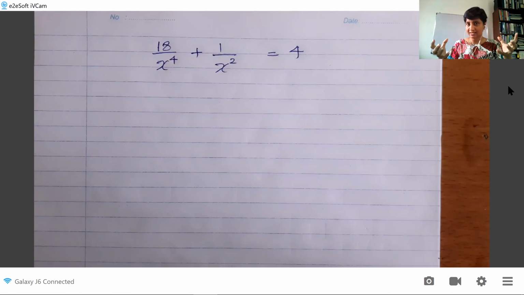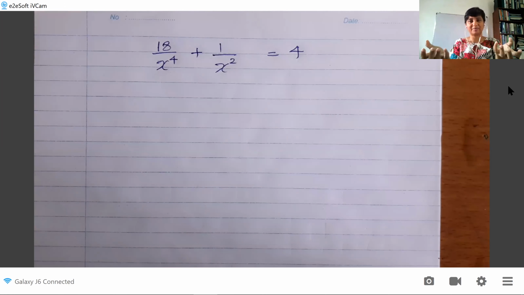Now, as I said, it's always good to take the lowest, but you can take any higher thing also. If you have 4 and 2 in 2 denominators, the lowest common multiple is 4. If you take 8 and multiply everything by 8, still these would get cancelled.